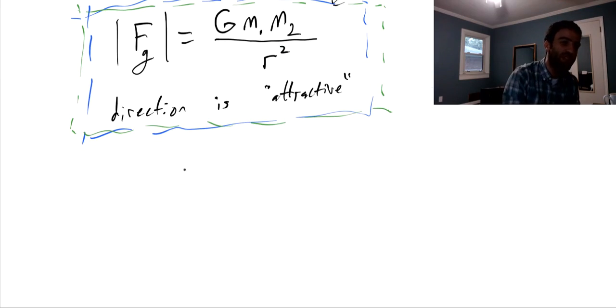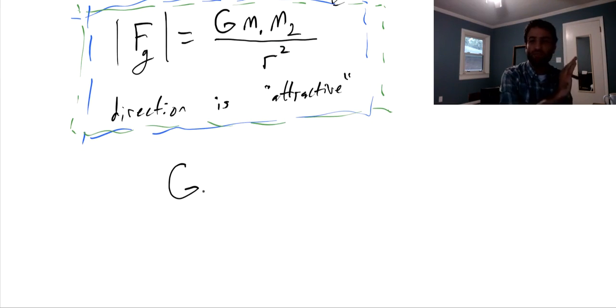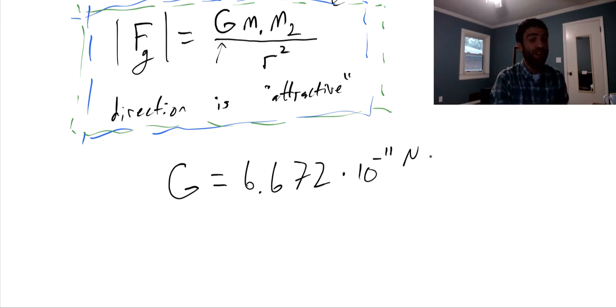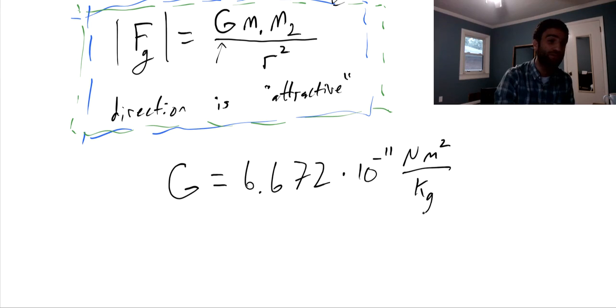Well, first let me tell you, this constant G is a fundamental constant of nature. As far as we can tell, this is just the way the universe works, that there is an absolute constant sitting out here. And when we try to measure what this constant is, it turns out to be something like 6.672 times 10 to the minus 11, and it has units of newtons times meters squared divided by kilograms squared.